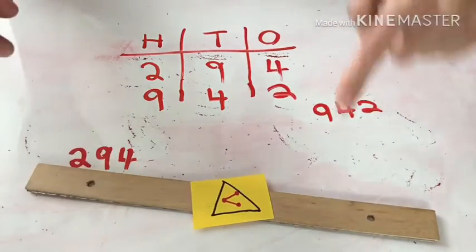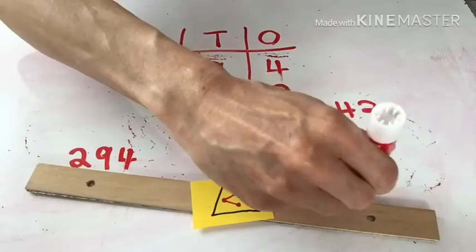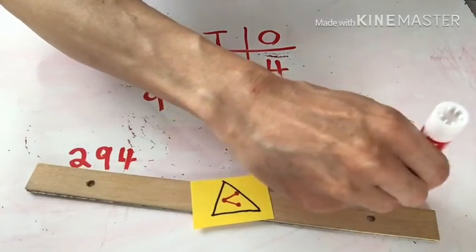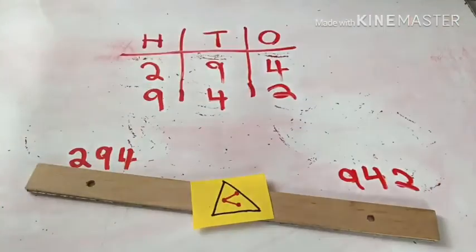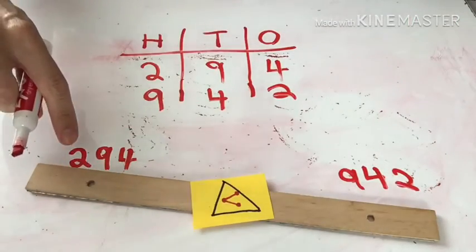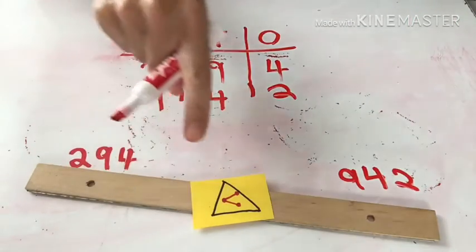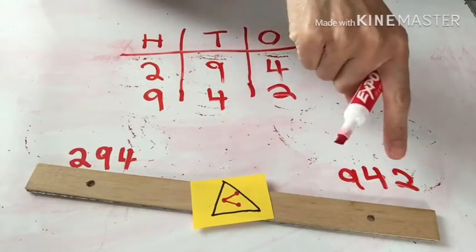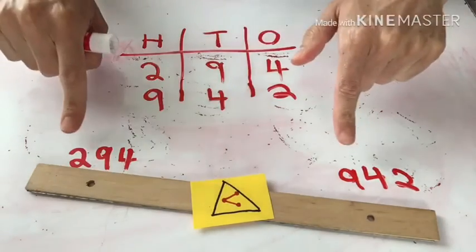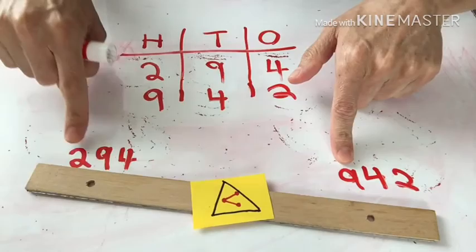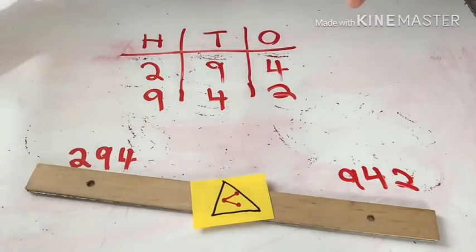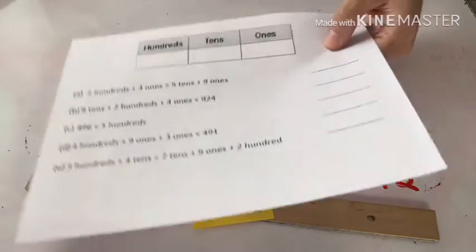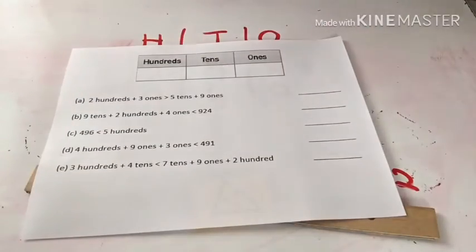So I'm gonna bring down this 942, and let's see, is that true? 294 is less than 942? So you just need to look at the hundreds and say, yeah, 200 is less than 900. So for that reason, B is true.